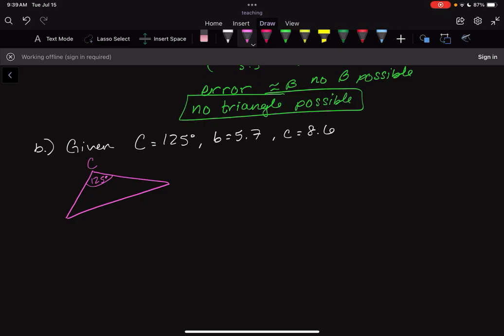Again, there's really no reason for that. B, I don't know. Let's put it over here. And then I have A across from A. So I'm being given a side, and then an angle. That's how I know that I have this weird case. So either I can get no triangle from this, I can get one triangle, or I can get two triangles. Whenever you see that case, that's what you're dealing with.